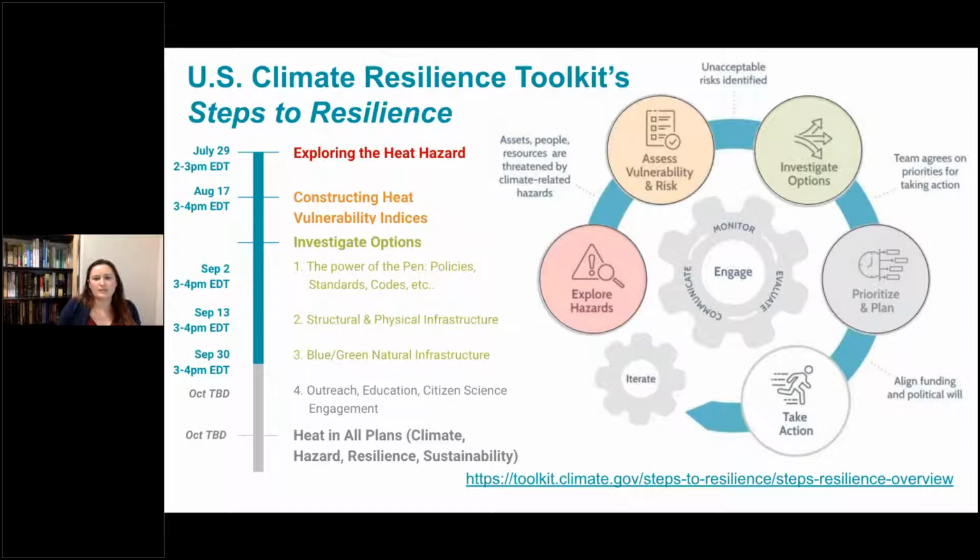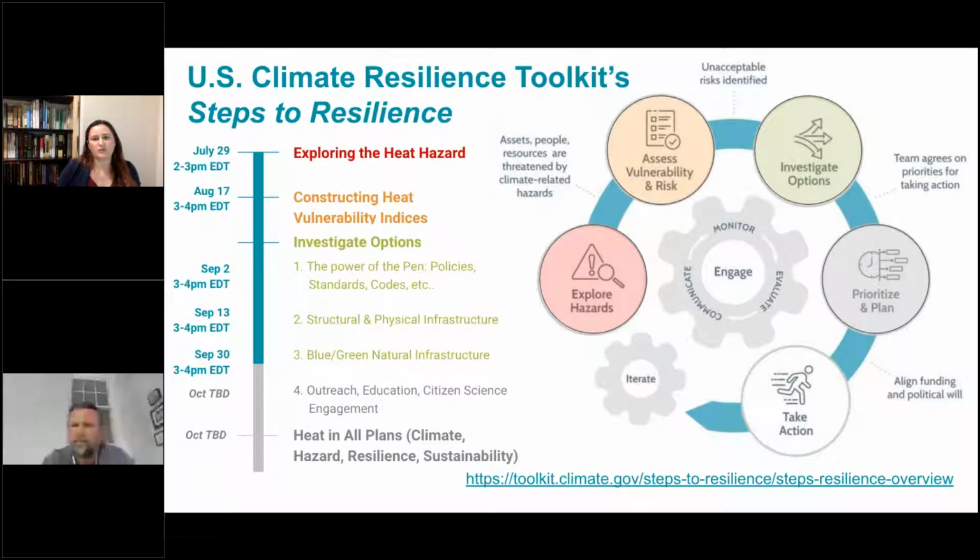This step examines possible solutions to the highest risks and builds a list of options through brainstorming and checking how other communities have responded to similar issues through inclusive community discussions. To discuss this topic, we have several fantastic speakers here with us today, starting with Kurt Schickman, who is the Executive Director of Global Cool Cities Alliance, a nonprofit that works with communities around the world to increase their heat resilience through the use of passive cooling measures.